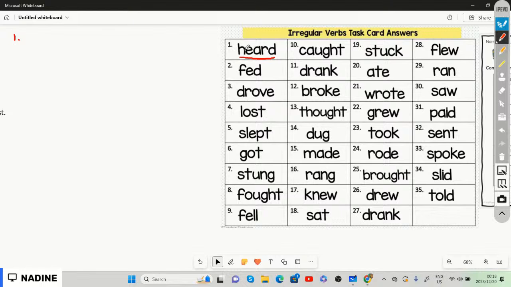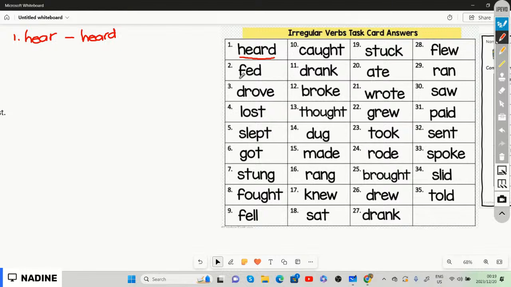So hear is the present tense. It's like saying I hear you, or I hear the music. And in the past, we can say I heard the music, right?